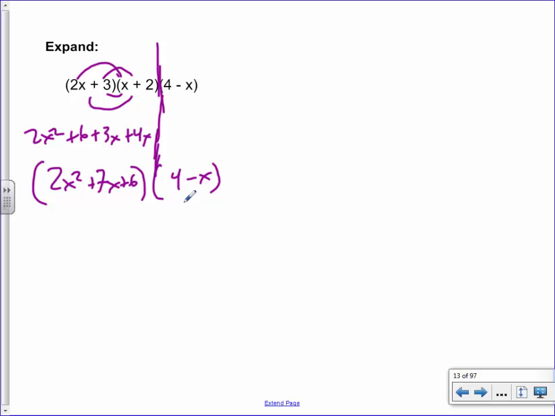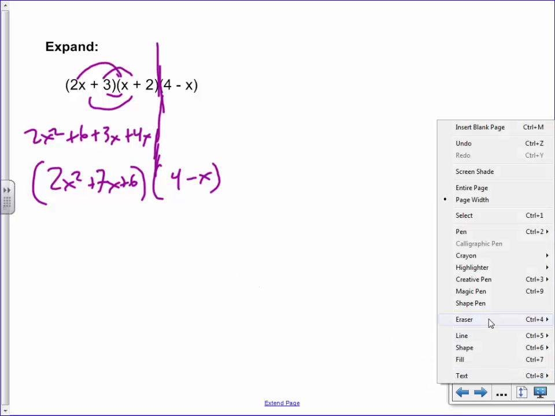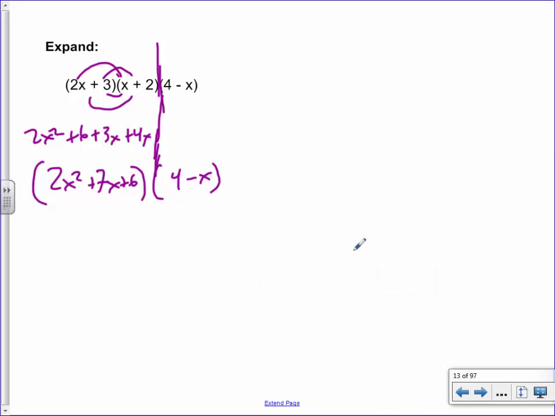You ever do a FOIL where it's not 2 versus 2, but 3 by 2? The same principles essentially apply. You can't draw it out like a FOIL, but the idea is that everything has to times by everything. So I might draw it like this. This 2x squared has to times by that 4. So that'll give us 8x squared. The 2x squared has to times by the negative x, which will give us negative 2x to the 3.